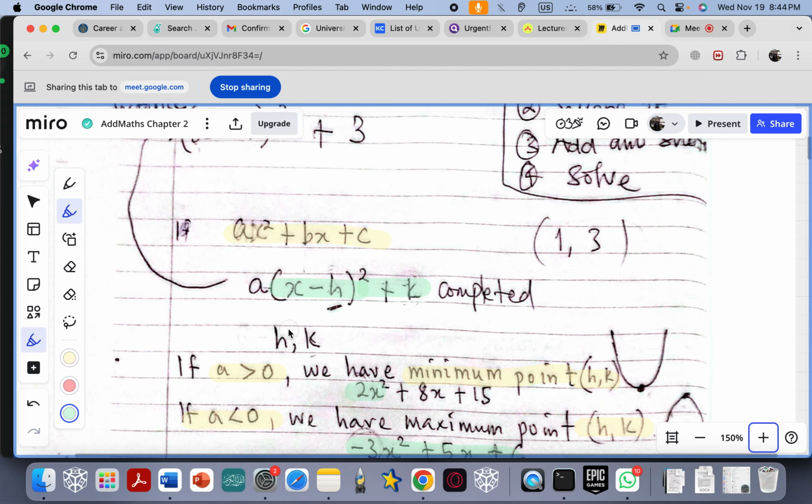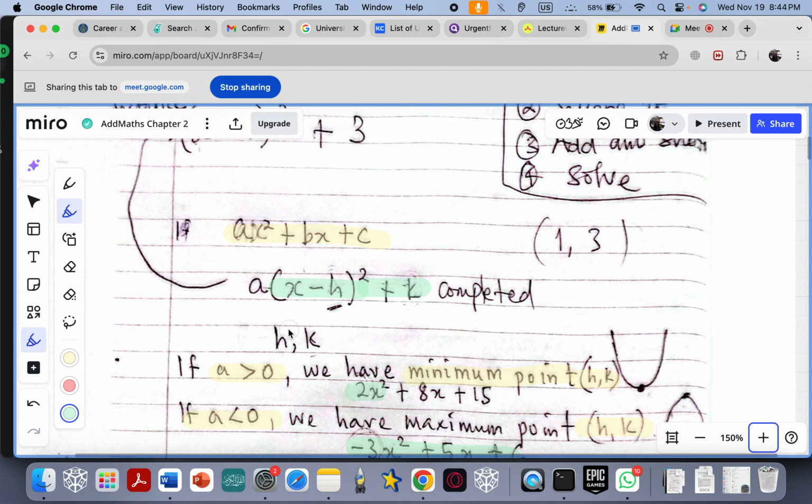If it's 0.1, 0.5, half, 1, 2, 3, 4, once it's a positive number, we say that number is greater than 0.